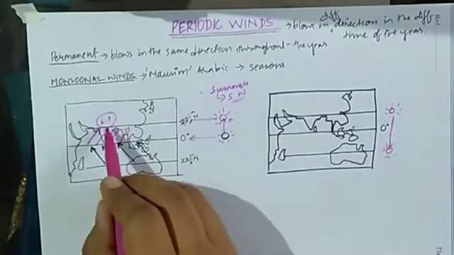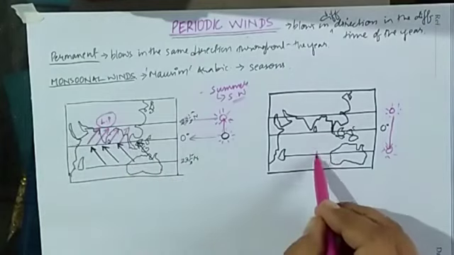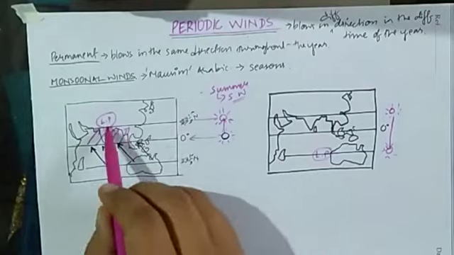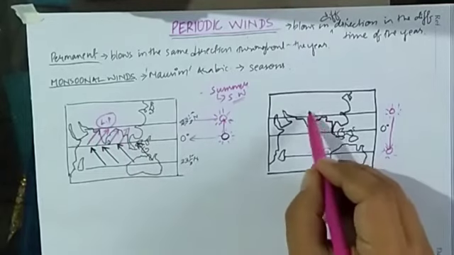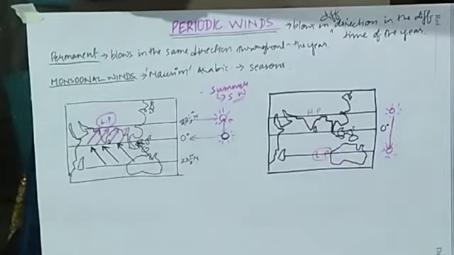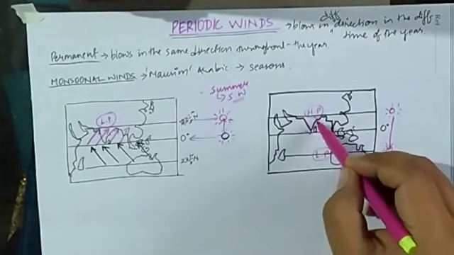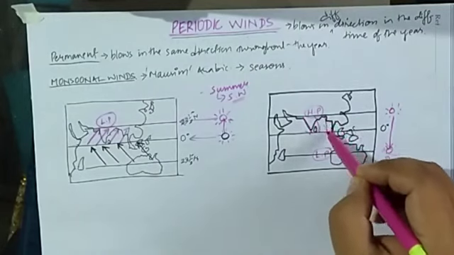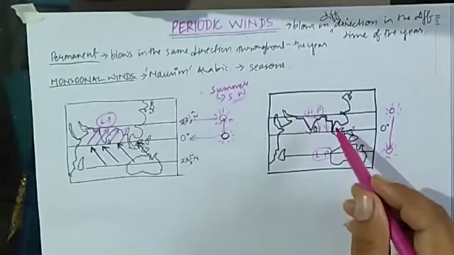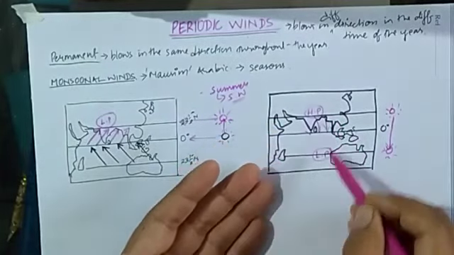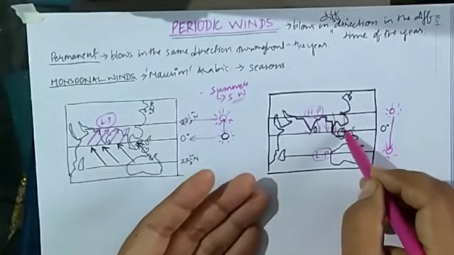The low pressure which was forming over here will form over the Australian areas, and the low pressure over the Tropic of Cancer will be replaced by high pressure. We know that winds always blow from high pressure to low pressure. As a result, the winds will start withdrawing from the Tropic of Cancer and slowly start moving towards the Tropic of Capricorn areas.